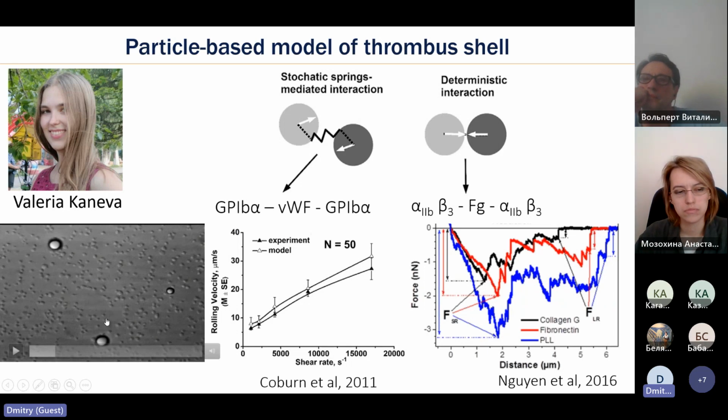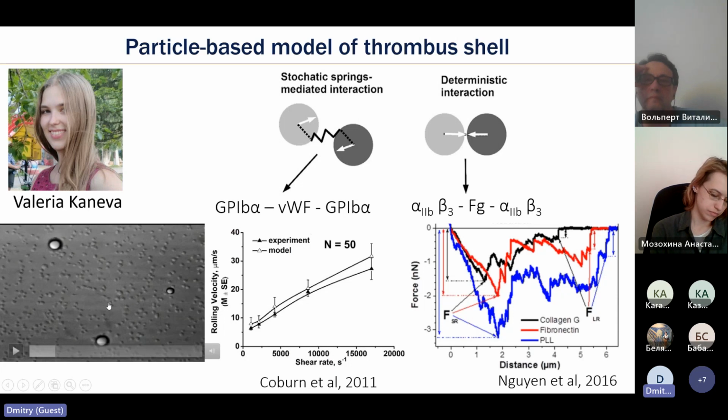And people normally, to describe such rolling, consider rather simple models, like there is some probability of bond creation, and there is some probability that this bond will break up. And the idea is that it seems that this stochasticity is actually what leads to this average velocity, and how it depends on the shear rate in case we have platelet rolling.